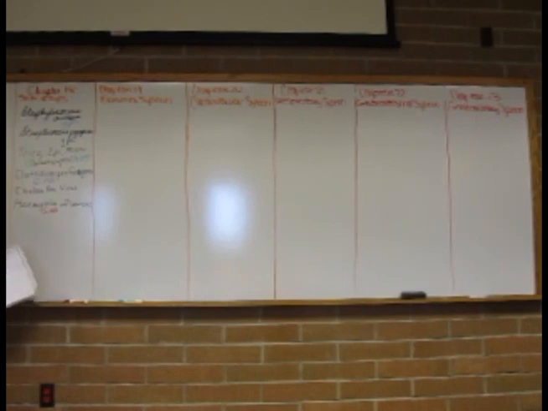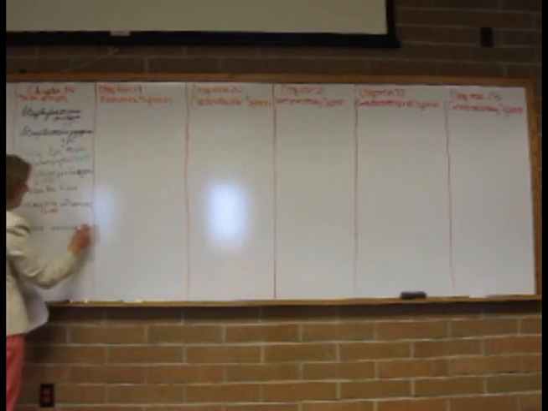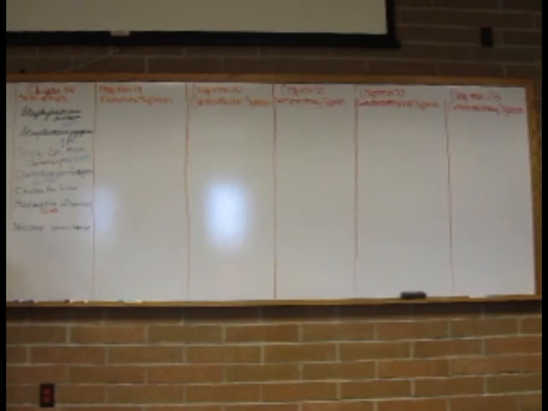Okay, and last here is Neisseria gonorrhea. It is in this chapter, this skin and eyes, because it causes a conjunctivitis in newborns whose mothers have gonorrhea.